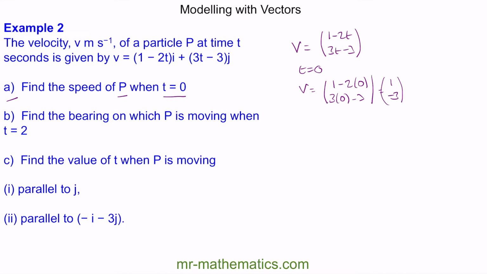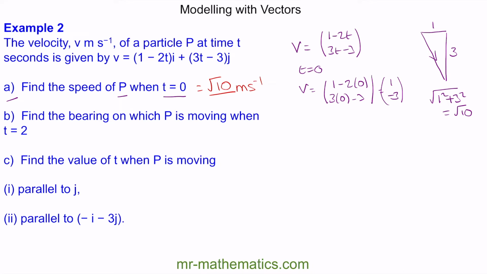So the speed, we're moving 1 in the i direction, minus 3 in the j direction. So we're looking at the length of this vector here, where we have 1 and 3. So it'll be the square root of 1 squared plus 3 squared, square root of 10. So this will be the initial speed when t equals 0, root 10 meters per second.